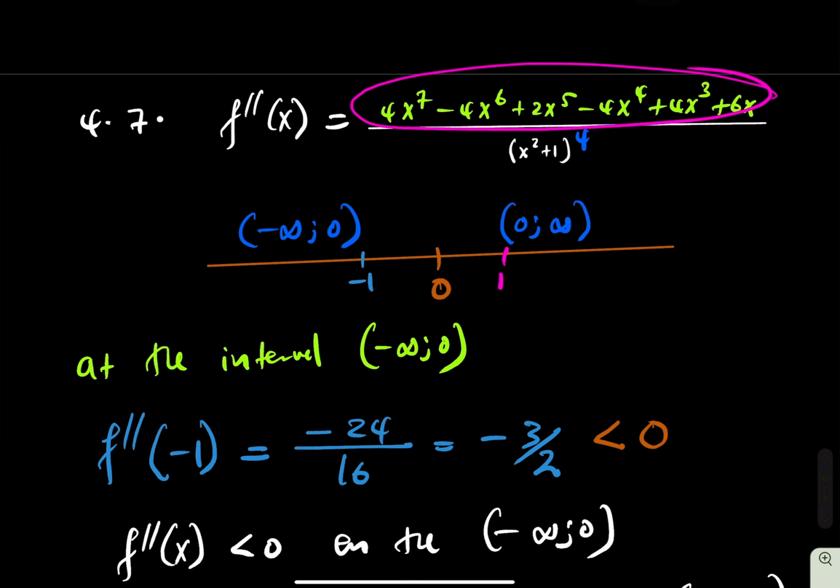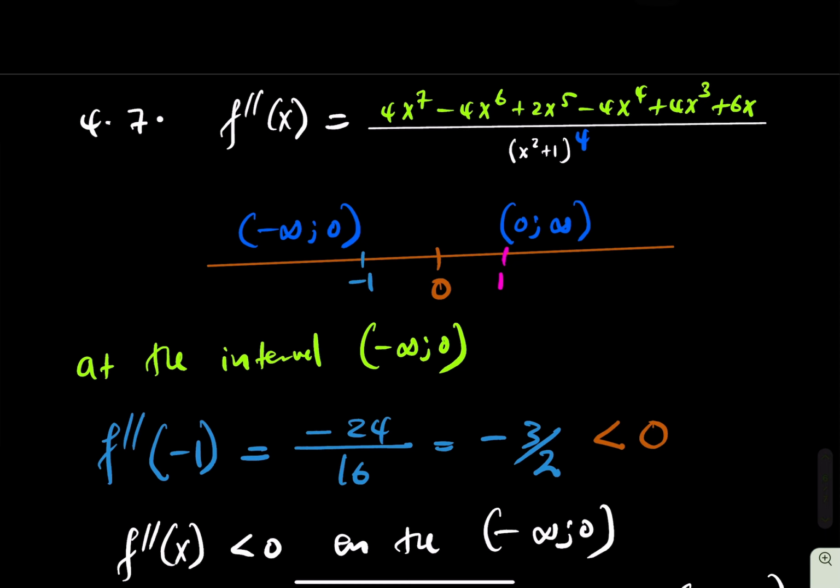So let's check. If we put 1, it's going to be 4 minus 4, and then plus 2, and then minus 4, plus 4, plus 6. The answer is positive 8.